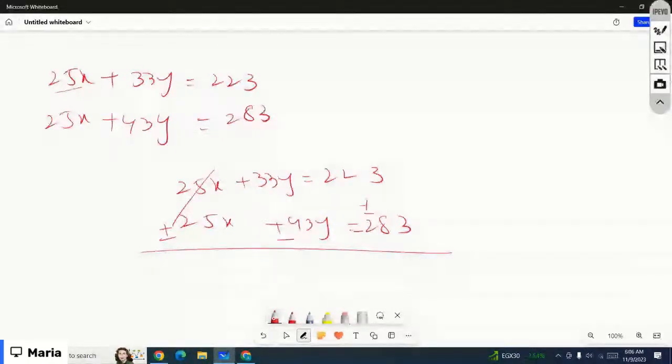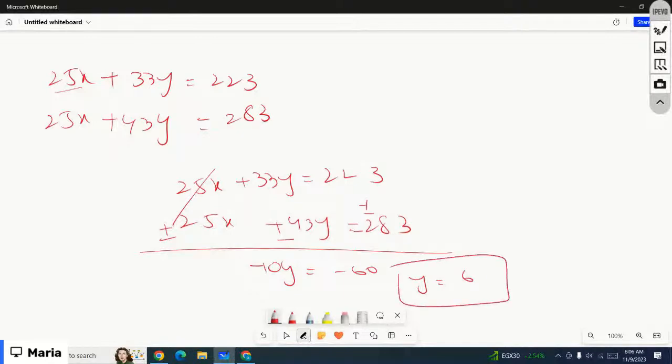Subtract 33 minus 43 is minus 10y, and 283 minus 223 is 60. 283 minus 223 is 60, so we have negative 10y equals 60. Divide both sides by negative 10, so then y equals negative 6, right?